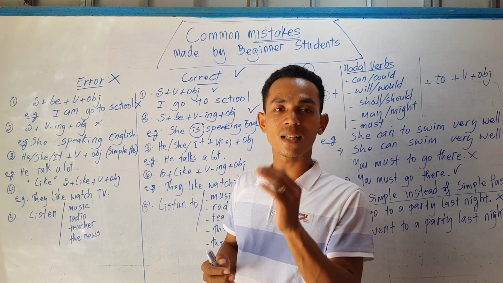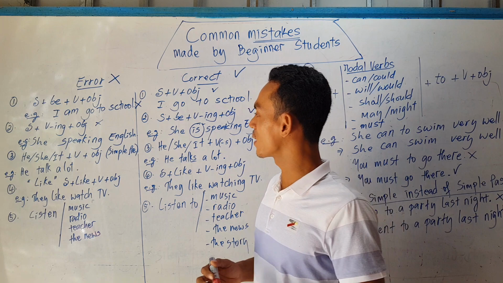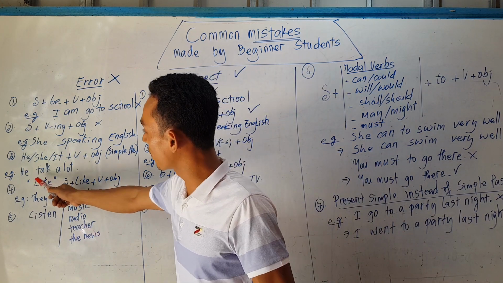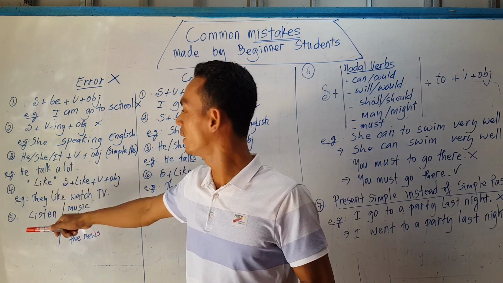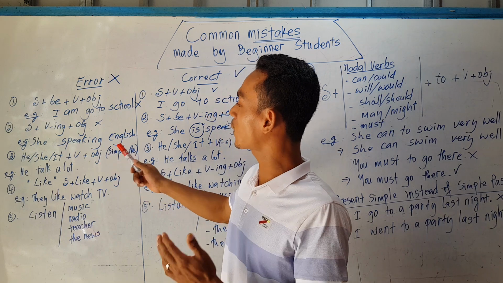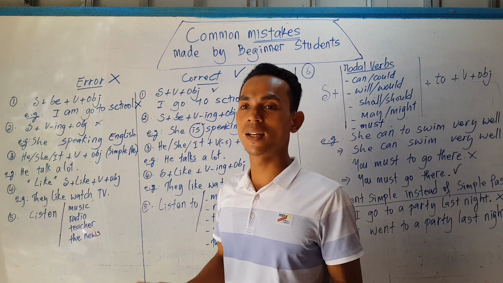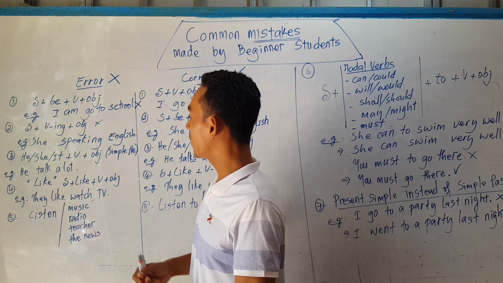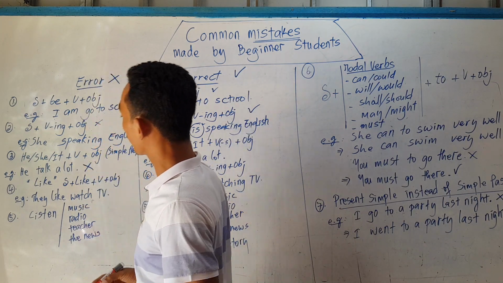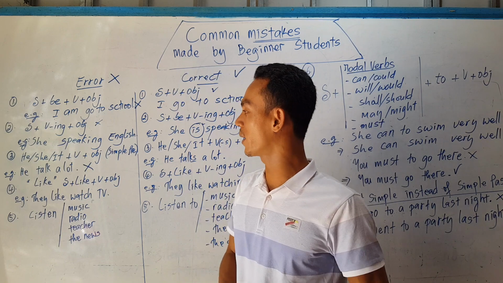For example, students may say he talk a lot, or she cook breakfast, but it is wrong grammar. It is a mistake.